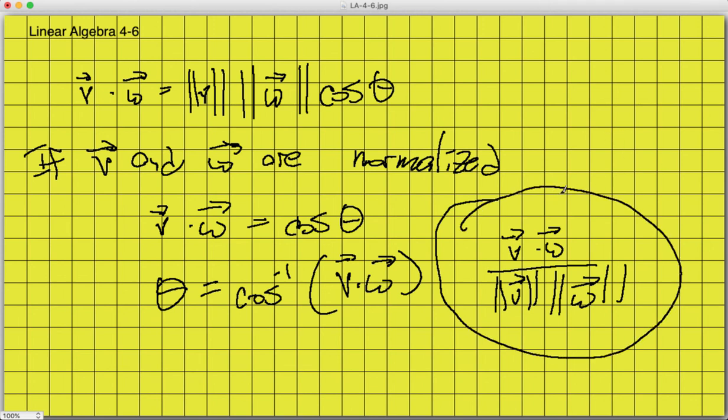This quantity is always between 0 and 1 for the things that we're going to be looking at.